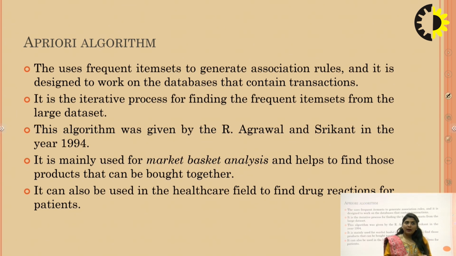So these are the frequently used items. We categorize the frequently used data items in a data set, and then we generate some association rules. The association rules are basically generated using the Apriori algorithm. This algorithm uses frequent item sets to generate association rules, and it is designed to work on databases that contain transactions.